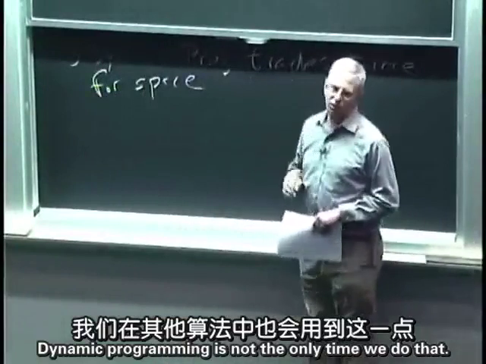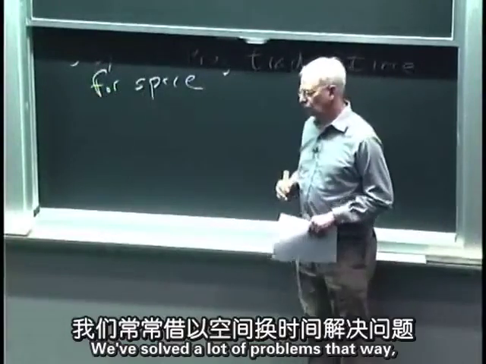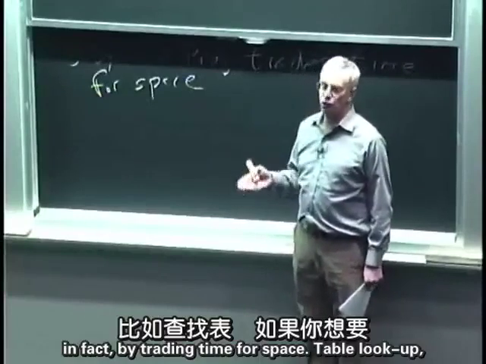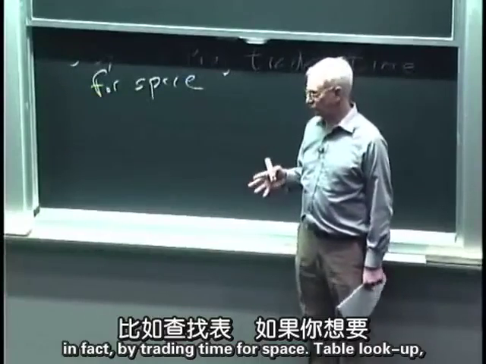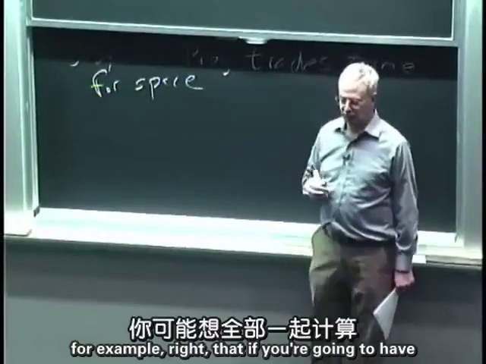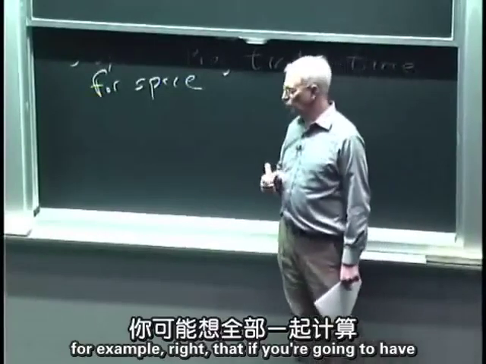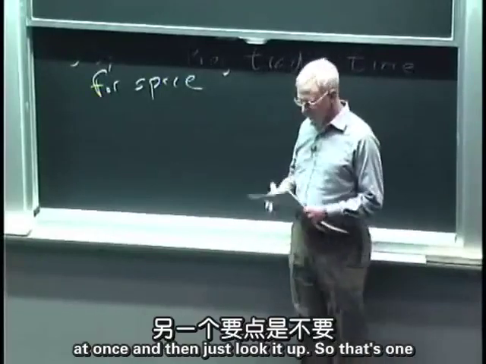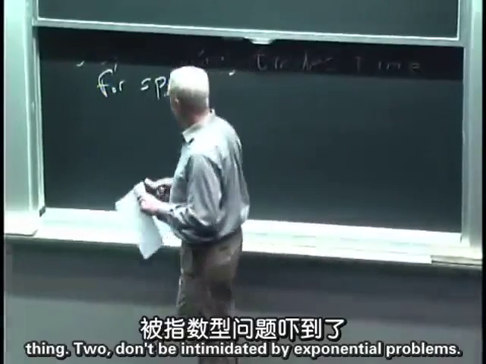Dynamic programming is not the only time we do that. We've solved a lot of problems that way, in fact, by trading time for space. Table lookup, for example, right? If you're going to have trig tables, you may want to compute them all at once and then just look it up. So that's one thing.